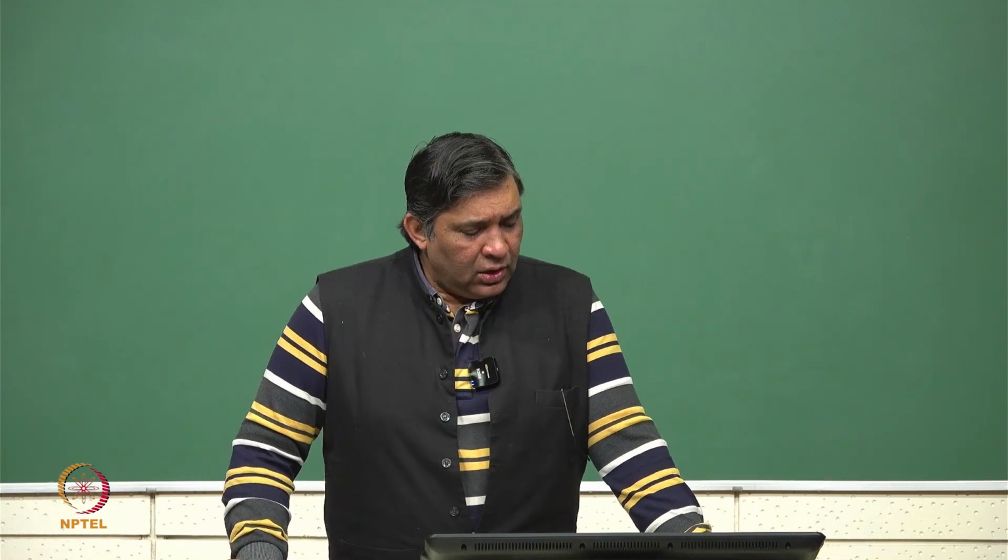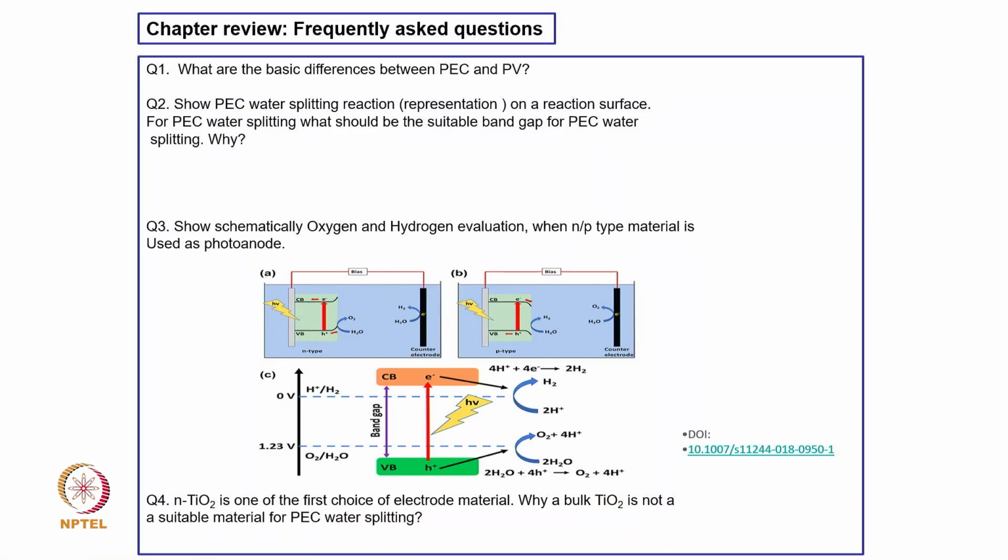Okay. So, now the second question is, show the PEC water splitting reaction on a reaction surface. What should be the suitable band gap for PEC water splitting, and why? So, first let us see the first question.